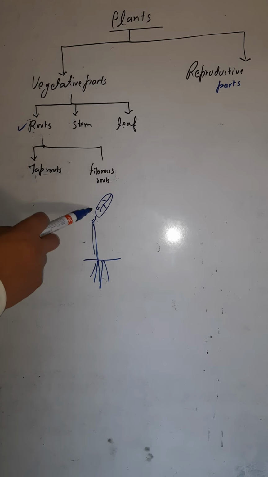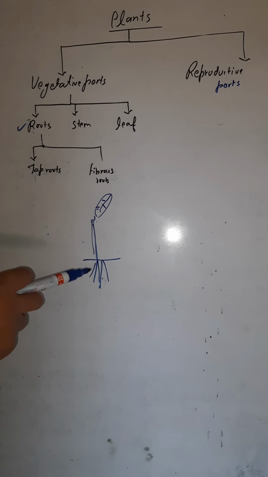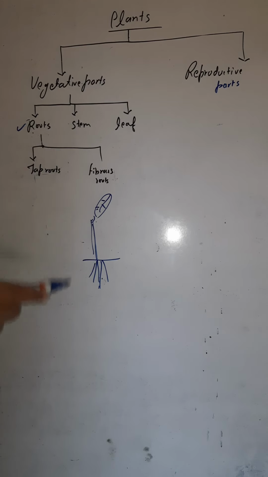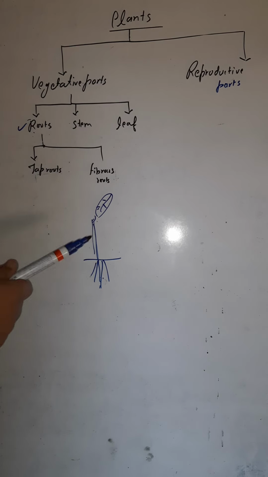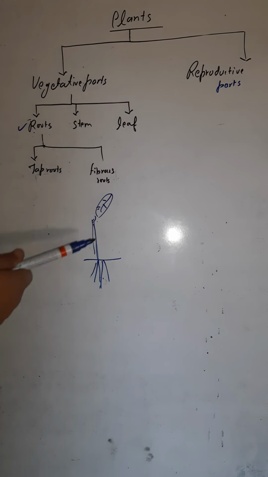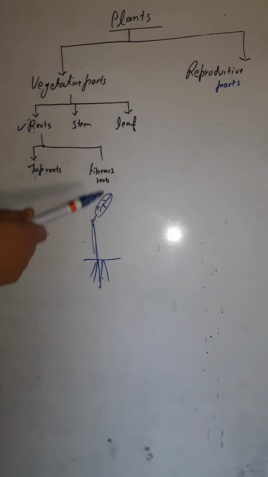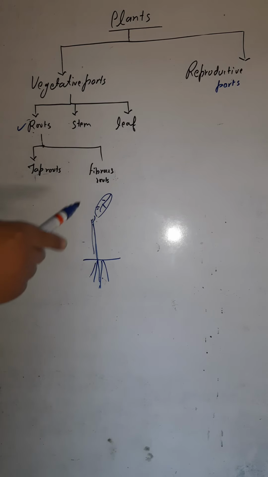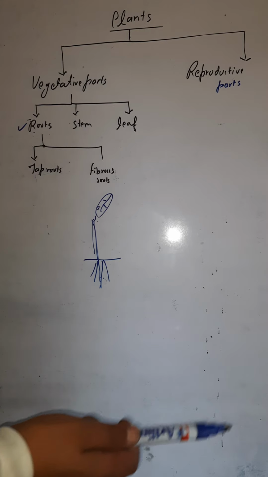With the help of the root, which takes up the water and minerals from the soil to the leaf where the food production takes place. So these are two main functions of the roots. Are you getting this?